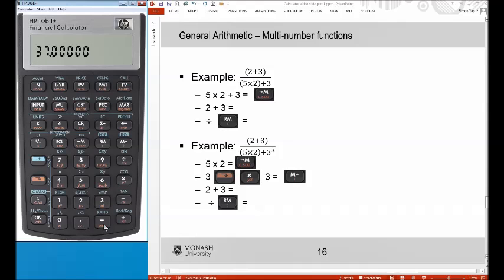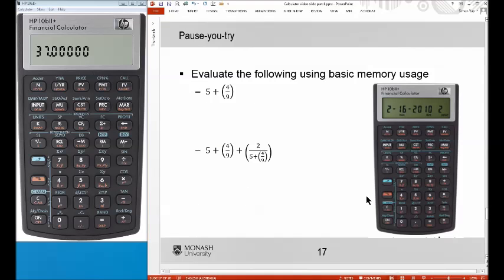Since we are in algebraic mode, which follows BODMAS, we separated the computation just now for illustration purposes. Now, please pause the video and try the following examples using basic memory usage.